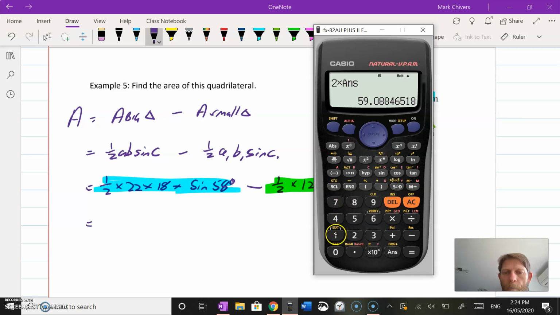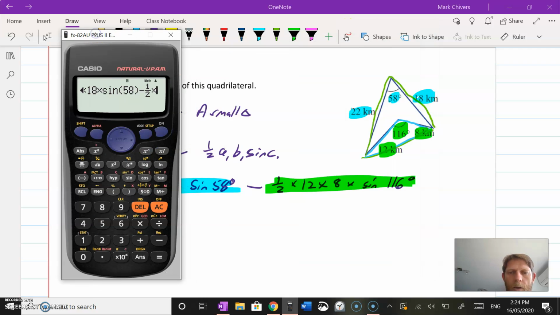So 1 over 2 times 22 times 18 times sine of 58. Close our brackets, very important there. Take away a half times, we'll go this side, 12 times 8 times sine of 116 degrees.